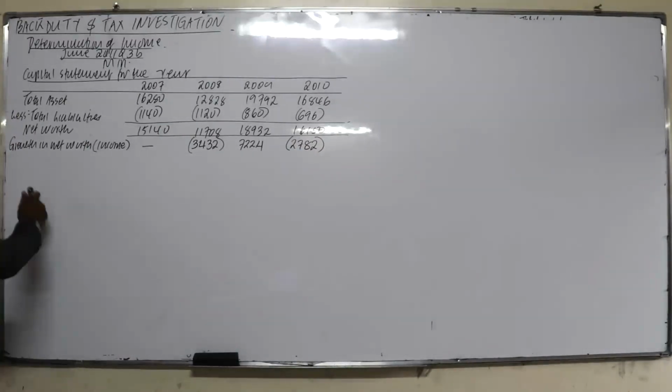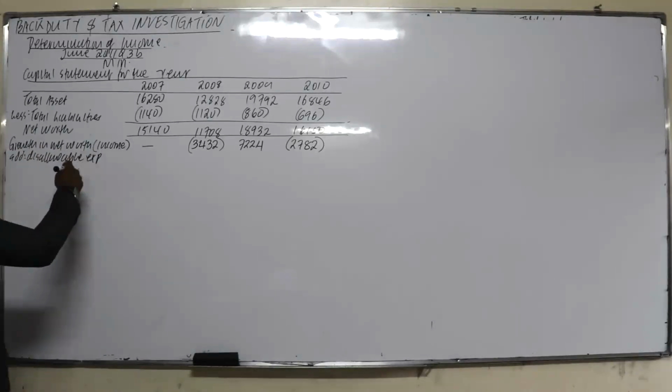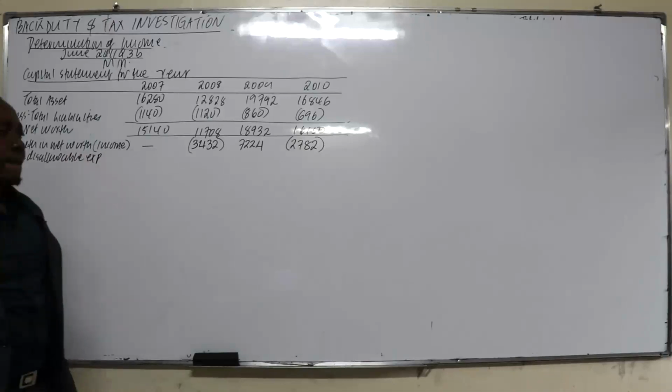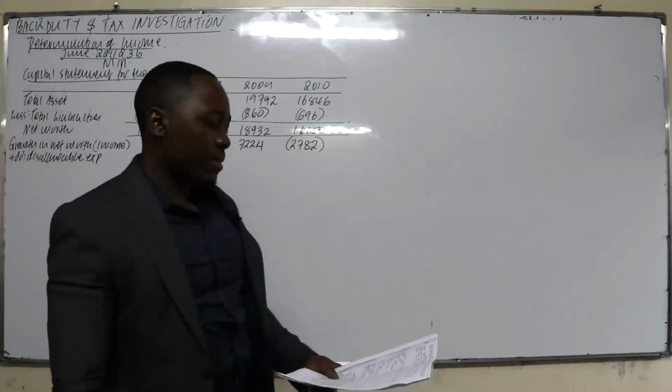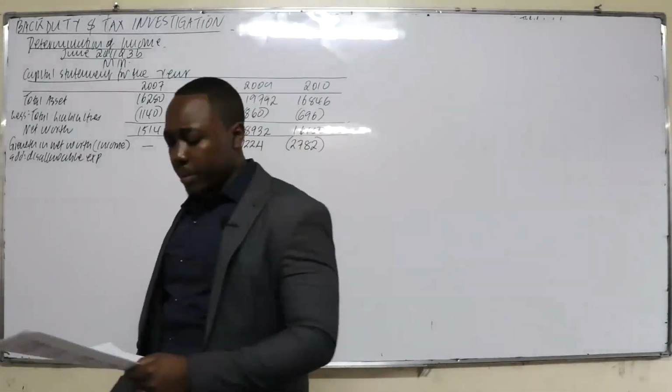Now, once you get the income, you can add any disallowable expenses, such as living and personal expenses. In their financial statement, there is something they had recorded: loss on sale of investment. That's a disallowable expense.